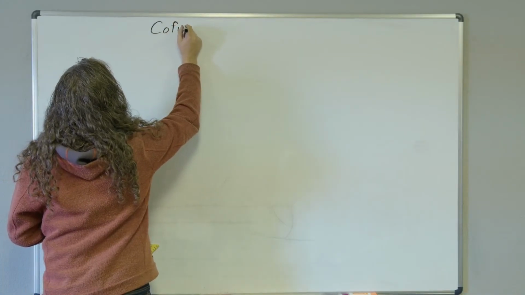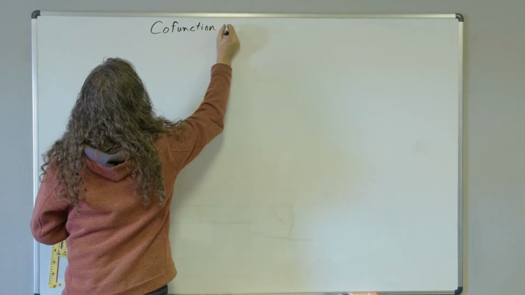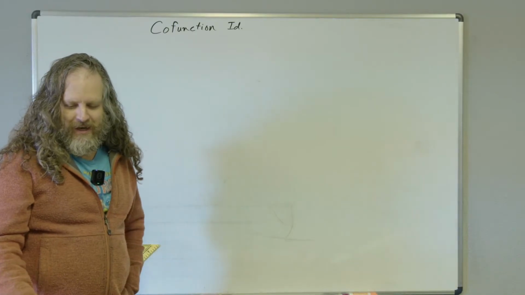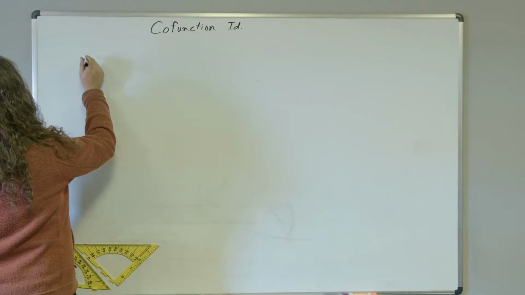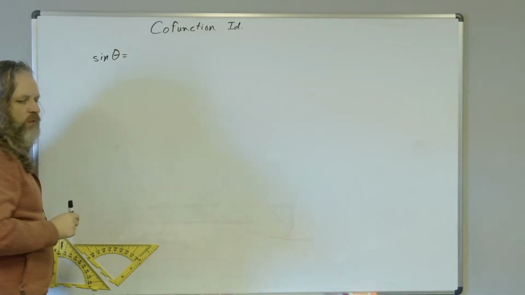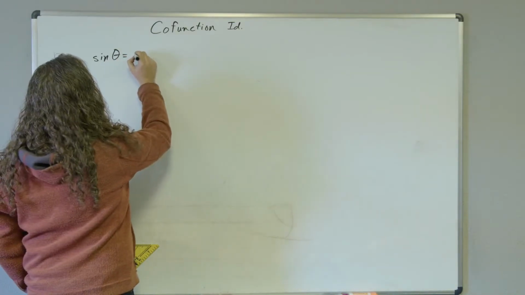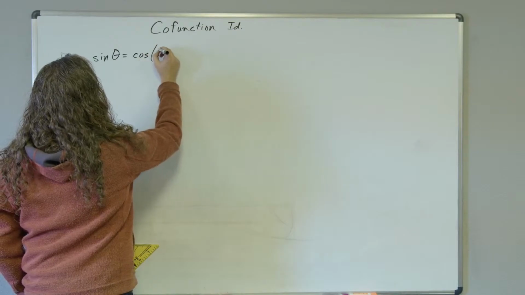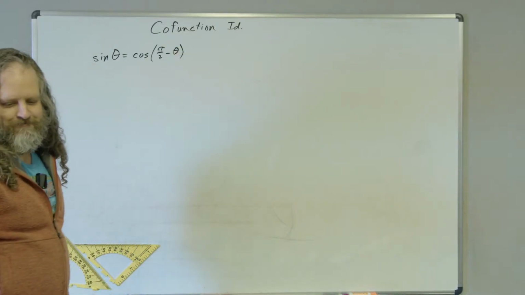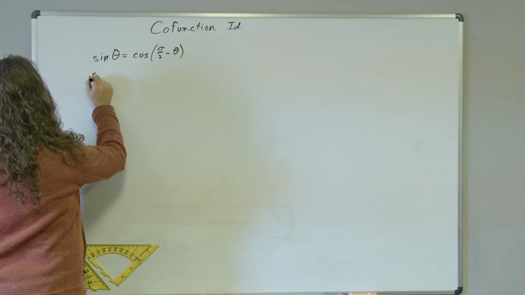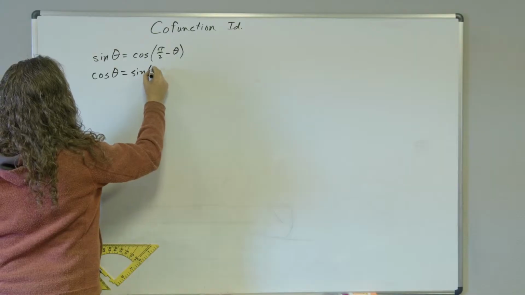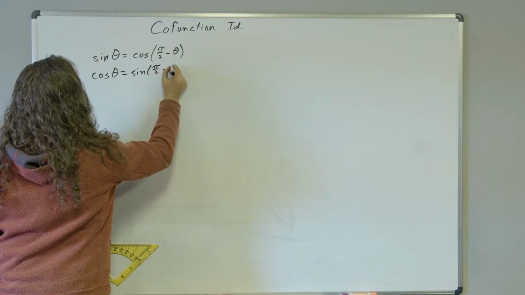These are easy to remember. They go like this. The sine of theta equals the cosine of pi over 2 minus theta. The cosine of theta equals the sine of pi over 2 minus theta.